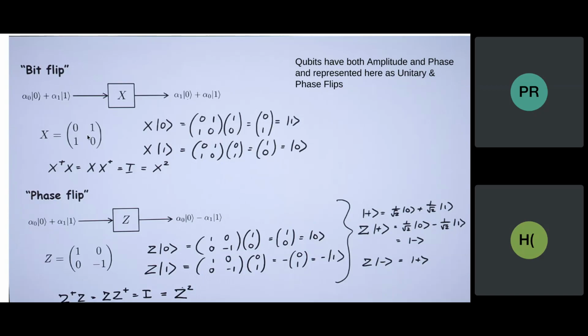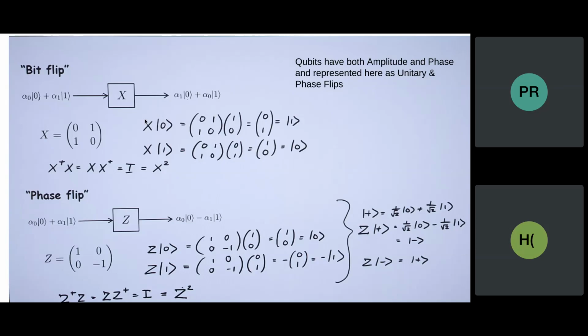With this we have done the calculation already by substituting X as 0, 1, 1, 0, and we know that spin up is 1, 0, and spin down is 0, 1. If you calculate, for ket 1, spin up and spin down, it comes out to be the opposite of it.